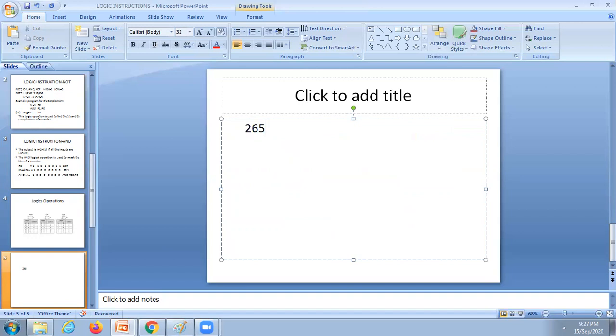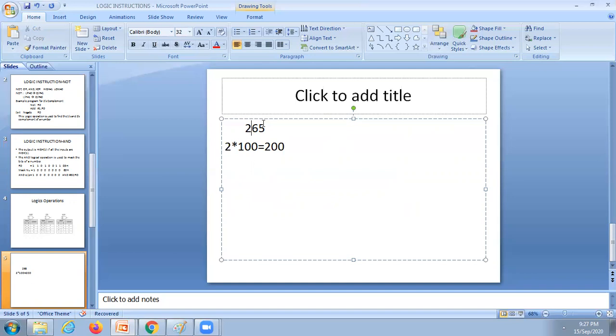Here in this, what is the most significant digit? The most significant digit is 2. So what is its value? Its place value is 100, so its value is 200. The real value of 2 here is 200.